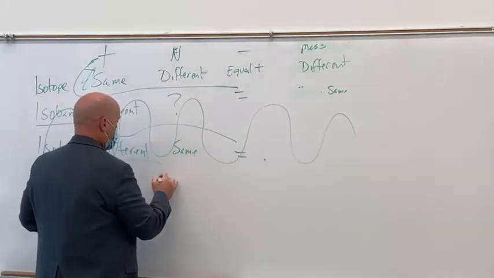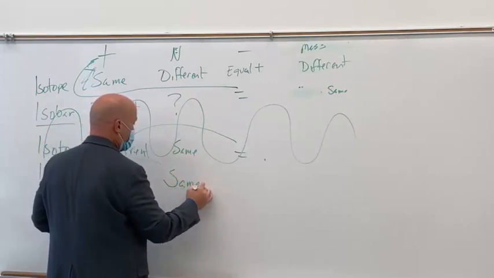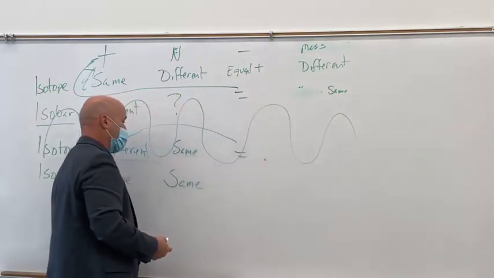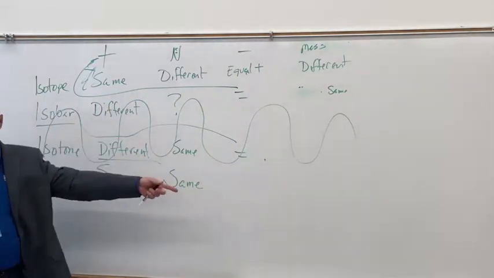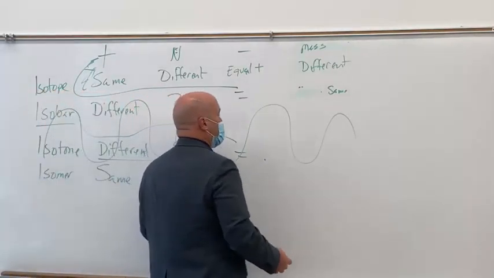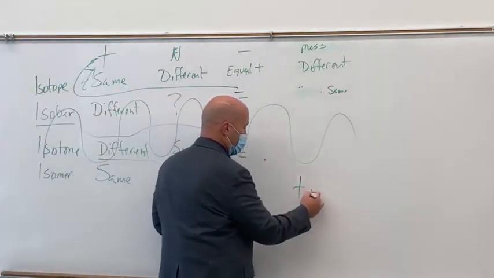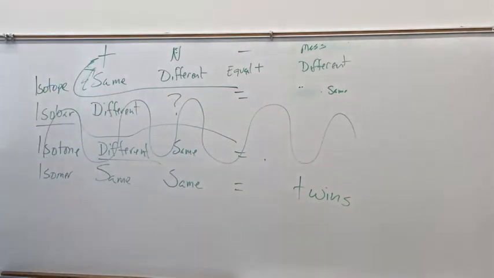So what about neutrons in isomer? Same protons and neutrons. Same number of neutrons. So what can you tell me about electrons? It's either an ion or the number of negative charges equals the number of positive charges, right? So what are two isomers? Basically twins, right? Identical elements.